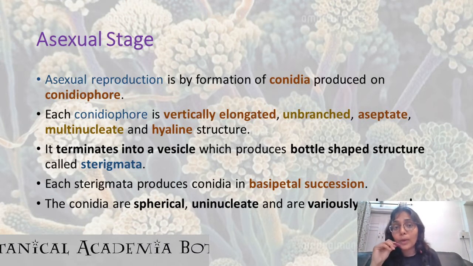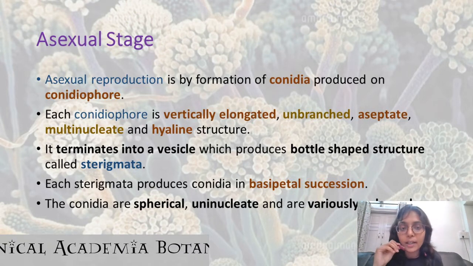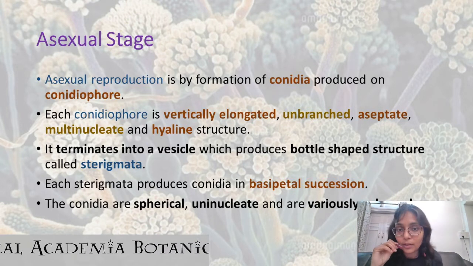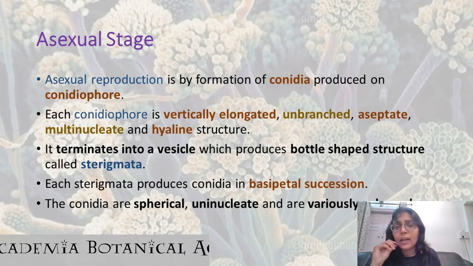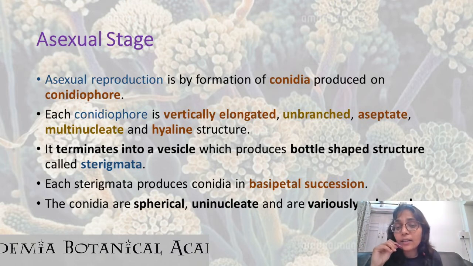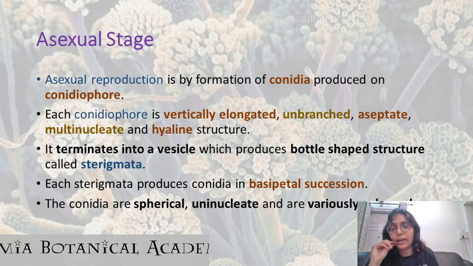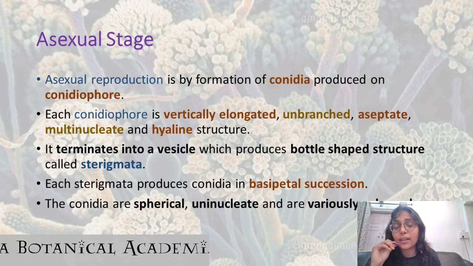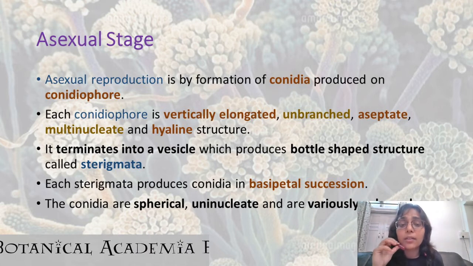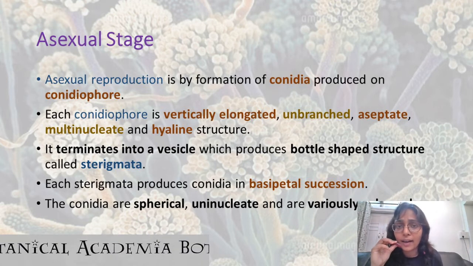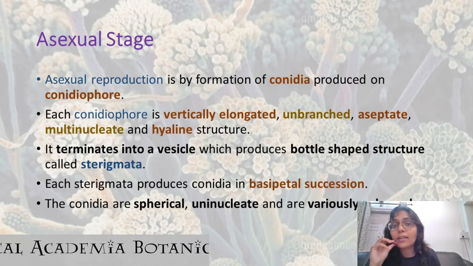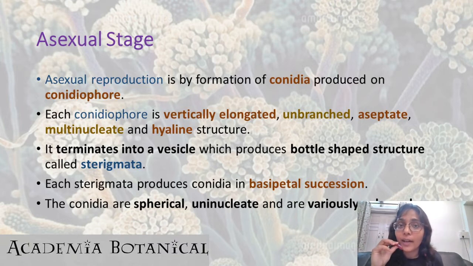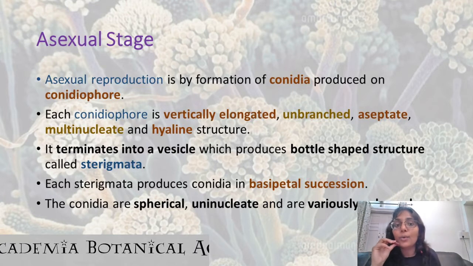Now why are there two different names for something with a similar structure, the spore and conidia? If you remember, inside the sporangium spores were present. In the case of Aspergillus, if the sporangium consists of only one spore, then that entire sporangium is called a conidium.